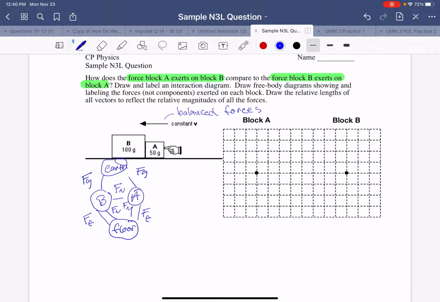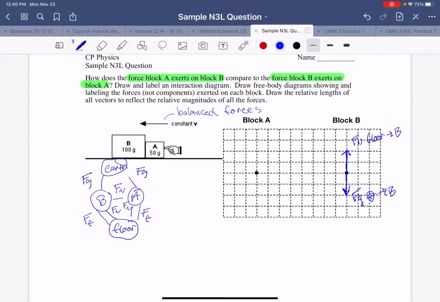Block B has a gravitational force of the earth on B, pulling it down, and it isn't going towards the center of the earth because of the normal force of the floor on B. Those are balanced because there's no change in motion vertically.